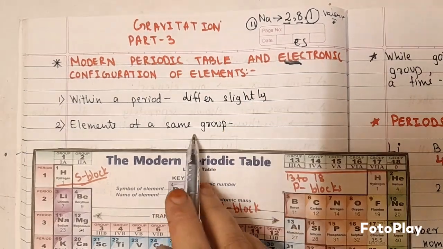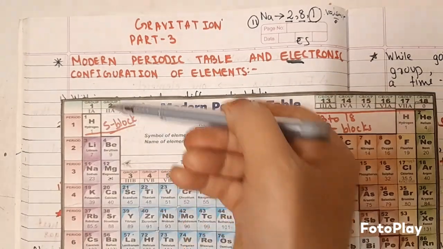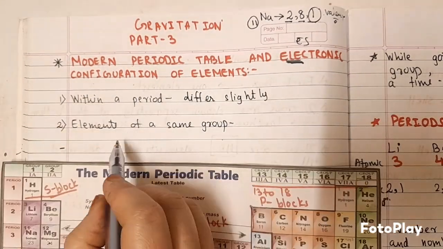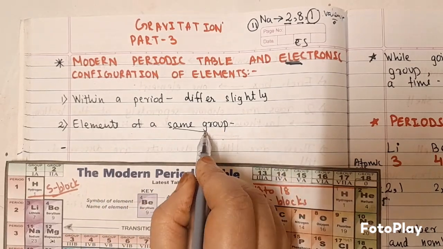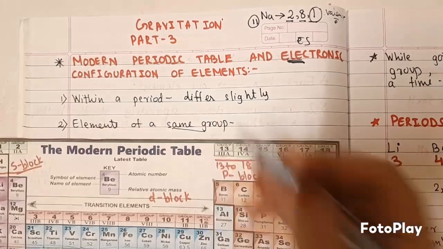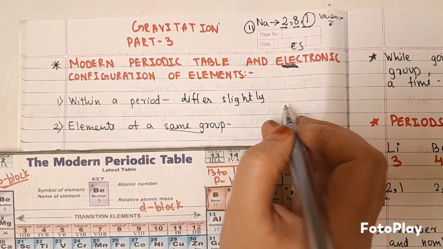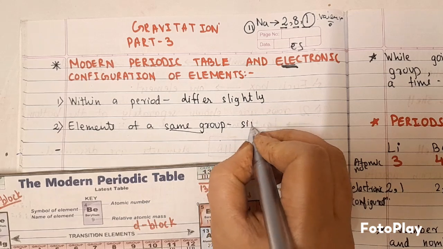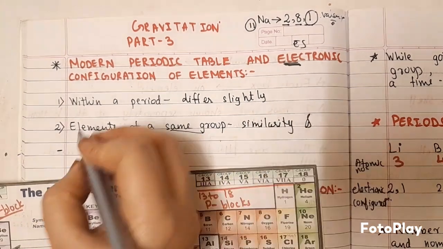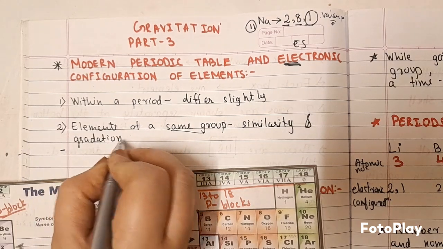Okay, now we are talking about groups, like group 1, group 2, and here group 18 is there, group 17 is there. Verticals are the groups. So elements in the same group show similarity and gradation in their physical and chemical properties.